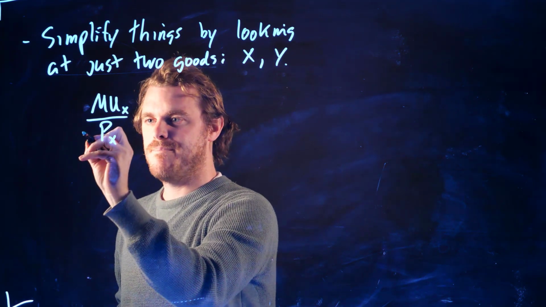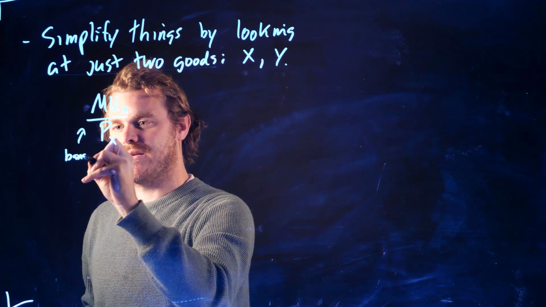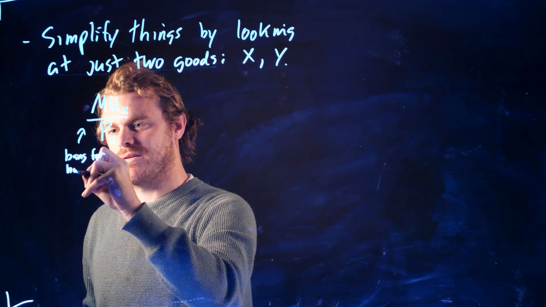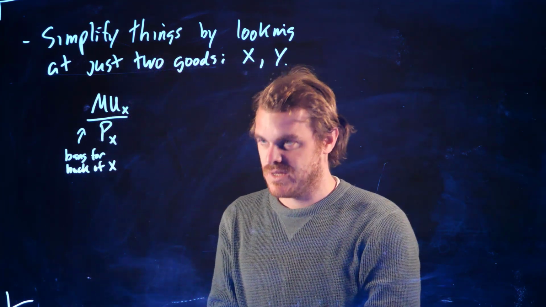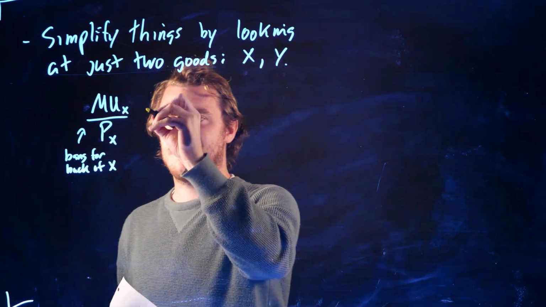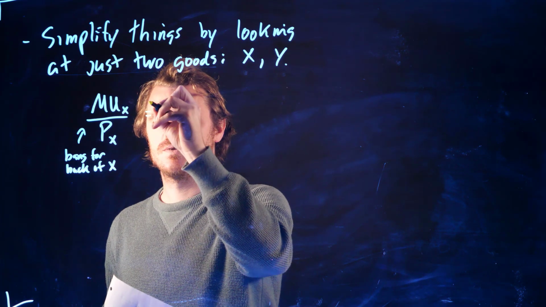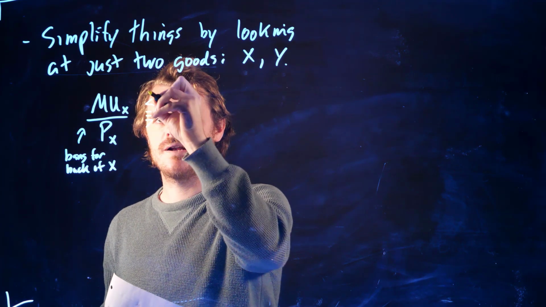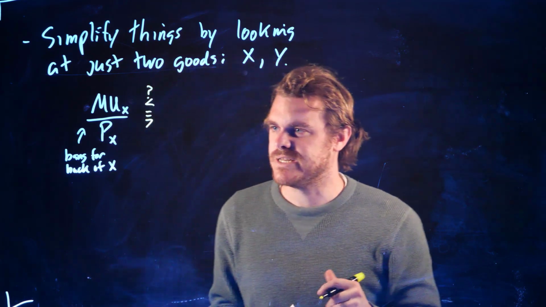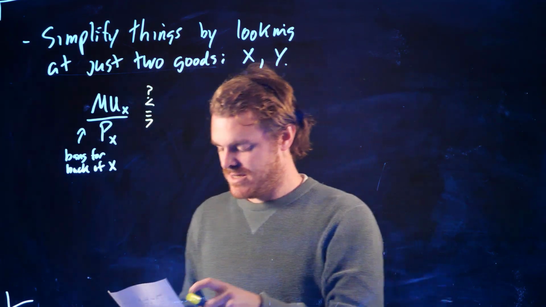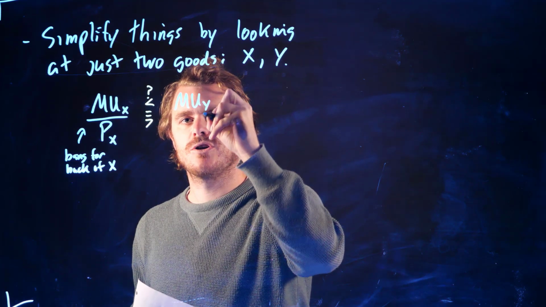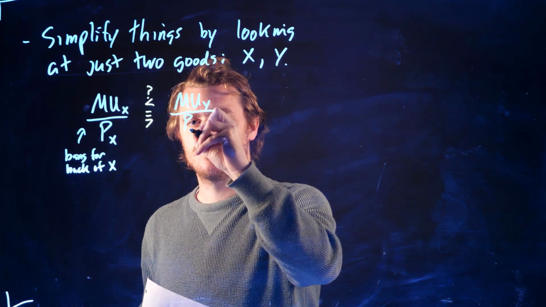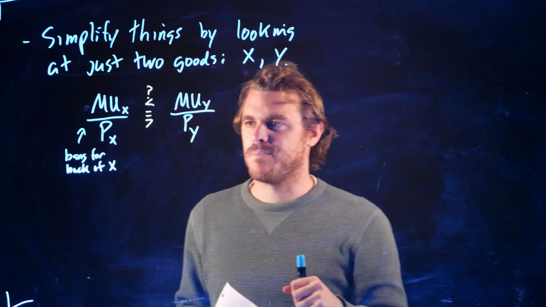This is the bang for the buck of good X. And they're going to be comparing that, equal to, less than, or greater than, we don't know right now, but that's what they're going to be doing when they make their decisions, to the bang for their buck of good Y. So the marginal utility of good Y divided by the price of good Y.